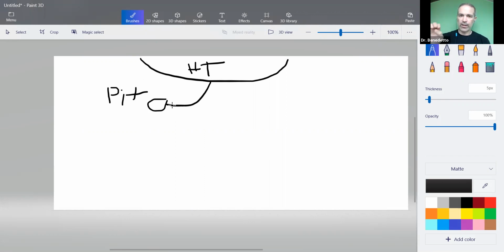It's an extension of the brain, and the pituitary gland tells all of the other glands when to make their hormones. Thyroid, ovaries, testes, adrenals, right? So the pituitary gland sends a messenger to that other gland and says, hey, thyroid, make your hormones, okay?